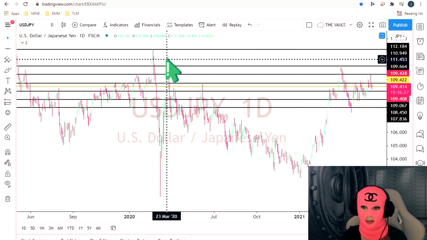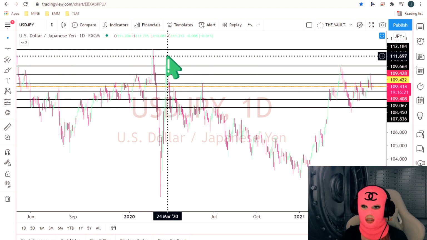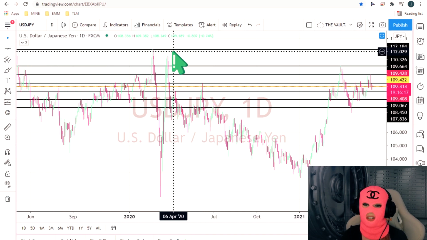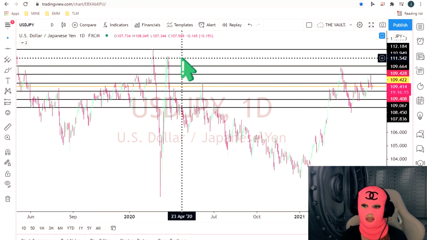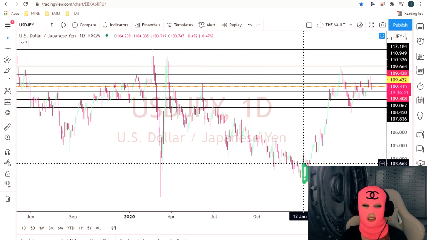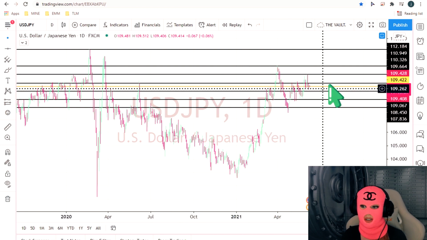Goes all the way back up because we handled it a little bit better than Japan, unfortunately. So the US dollar, this pairing, was actually very strong against the Japanese yen. And we started in a downtrend all throughout until January 2021, the beginning of this year. And it seems we're in a slight uptrend.